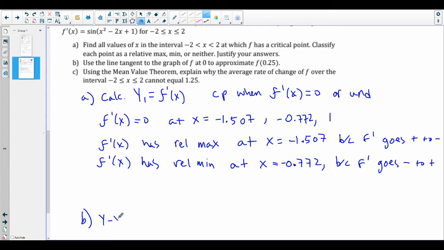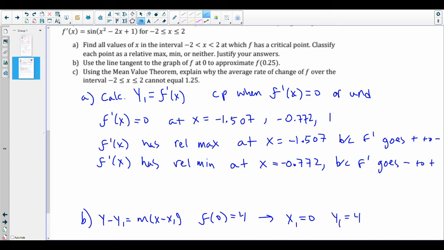So I'm going to kind of rewrite this. We know that f of 0 equals 4. So that gives us our x1 is 0, our y1 is 4.